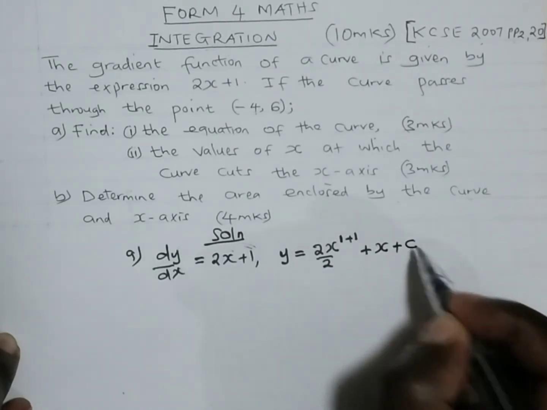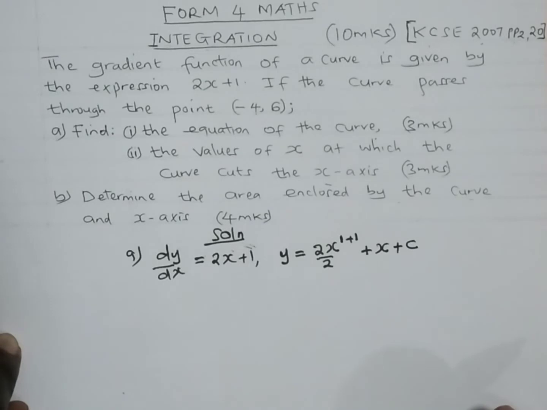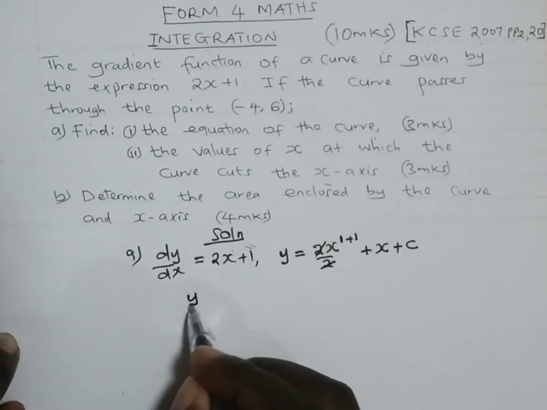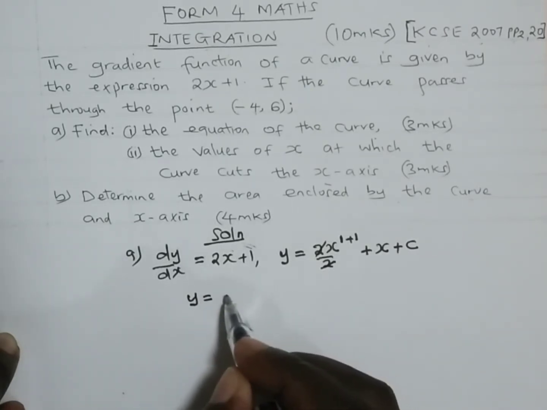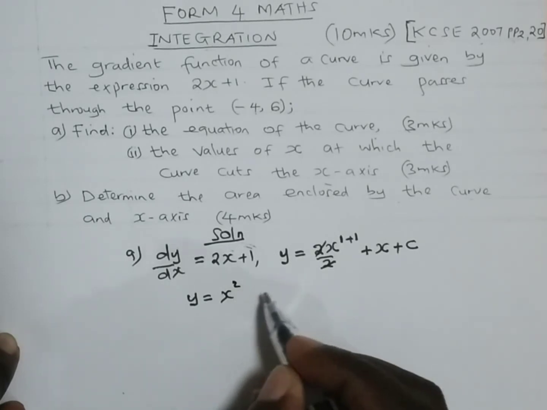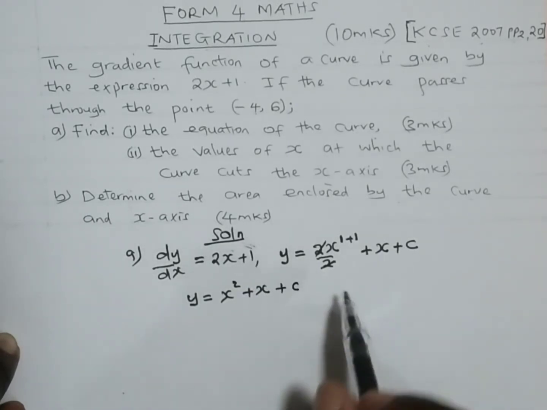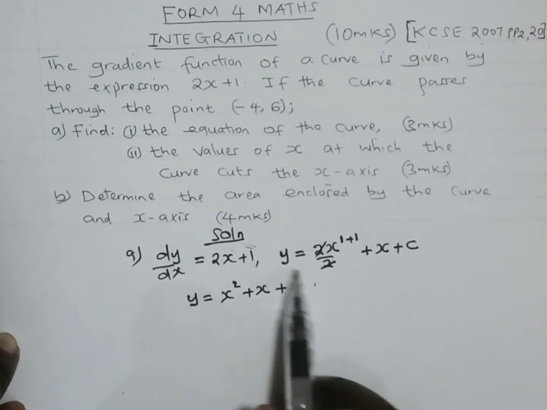Then of course we add c, which is the constant of integration. So this 2 and this 2 will cancel, such that we remain with y being equal to x squared plus x plus c. This is our general equation.